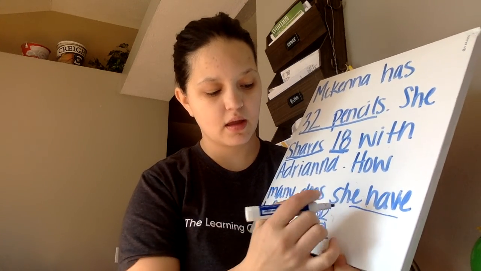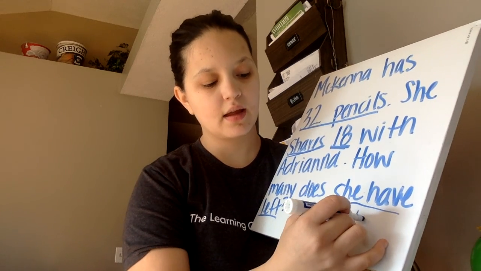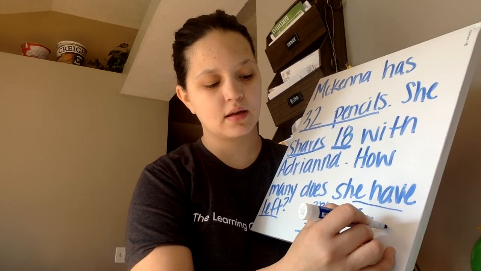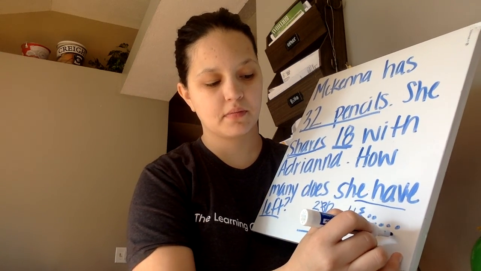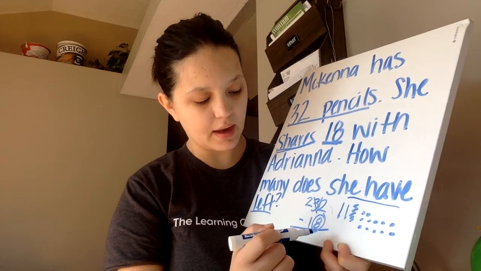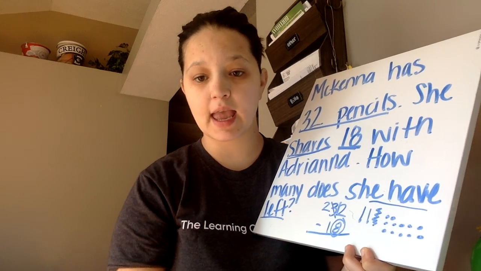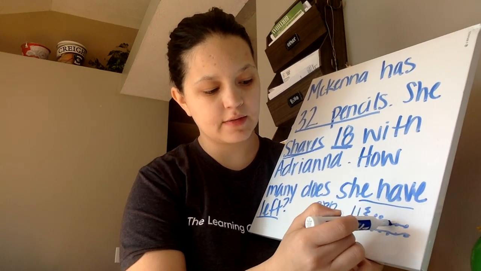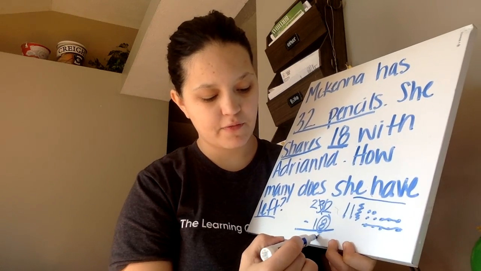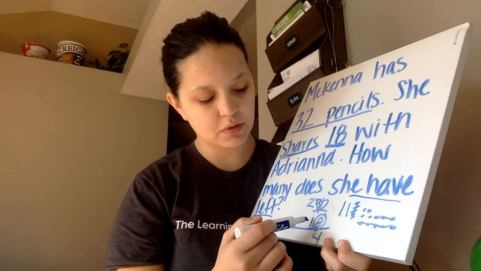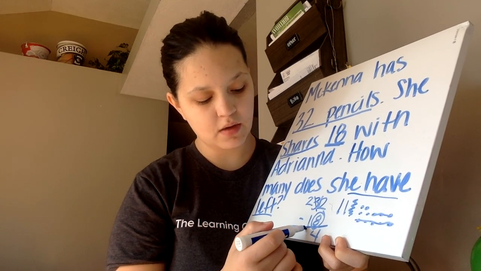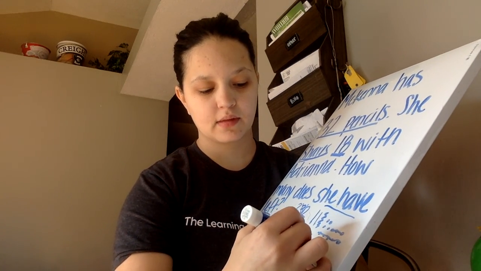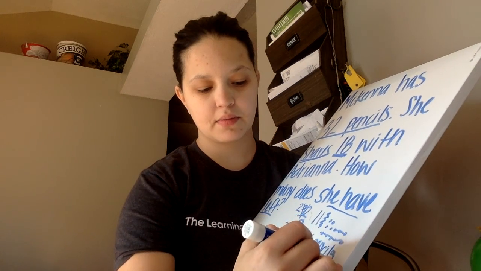Sorry, that's hundreds. 30. Here's 2. So I'm going to ungroup and add 10 more. Okay, so now I'm going to be able to take 8 away. So 1, 2, 3, 4, 5, 6, 7, 8. That's going to leave me with 4. 2 minus 1 is 1. So it means that she has 14 pencils.